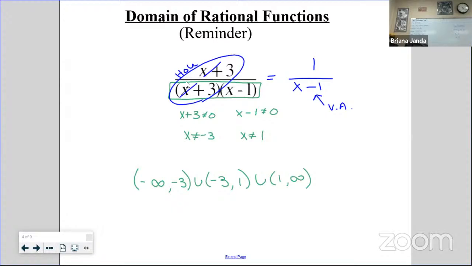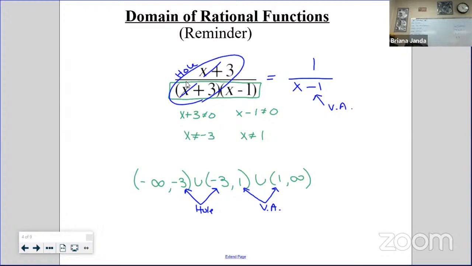We don't have to distinguish between them, and don't simplify. Go back to how you would have just found a domain, the unsimplified version. If it was ever in the denominator, it is a restriction on our domain. So you can see both of those here, right? There's the hole. Okay, and there's the vertical asymptote. And just because it crosses off doesn't mean that it's not a domain restriction. Okay, any questions on that?